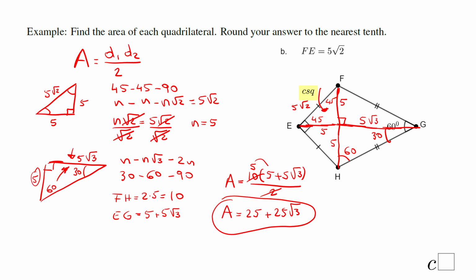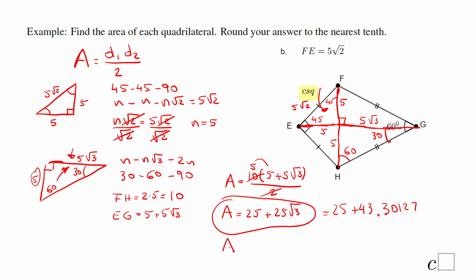25 times 1.7320508. So I end up with 43. Maybe it's not bad if you write that 25 plus 43.30127. You see, I copy all the decimals I have in my calculator.